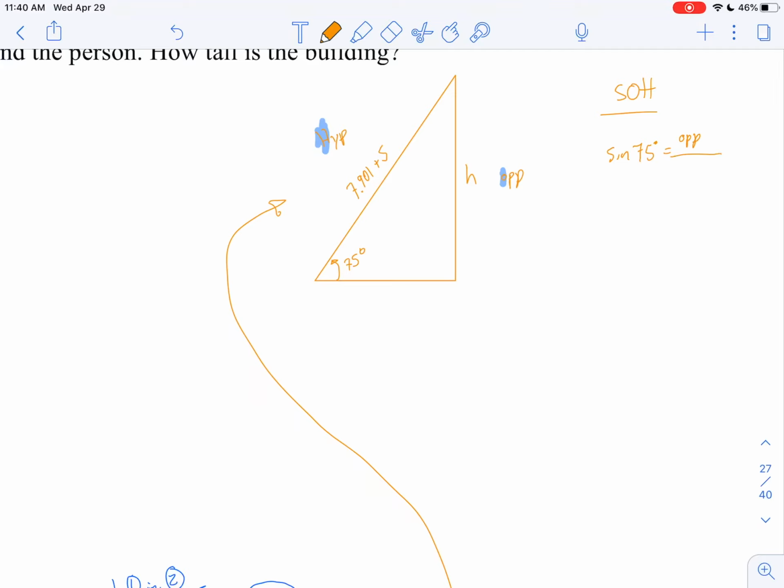7.901 plus 5. I guess I could have just written in the actual number there. So then we have 12.901 times sine of 75 degrees is equal to my opposite.